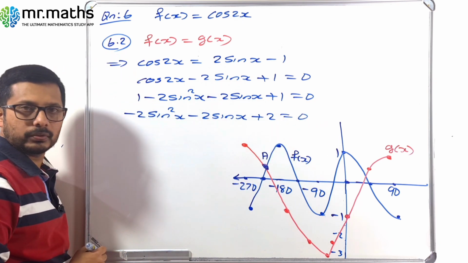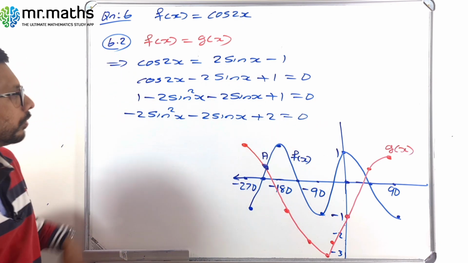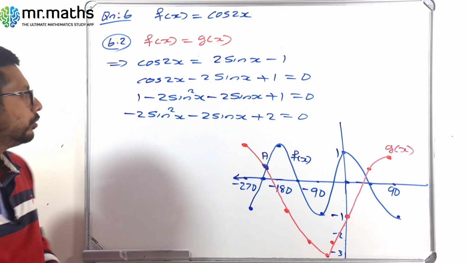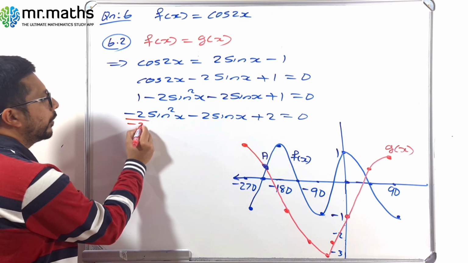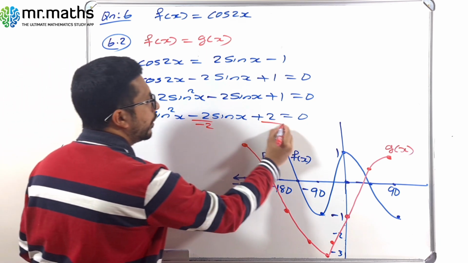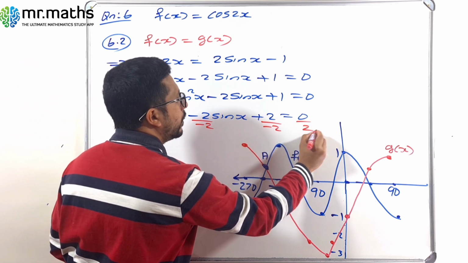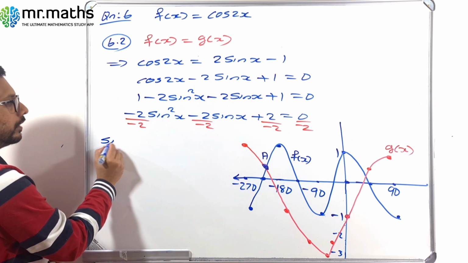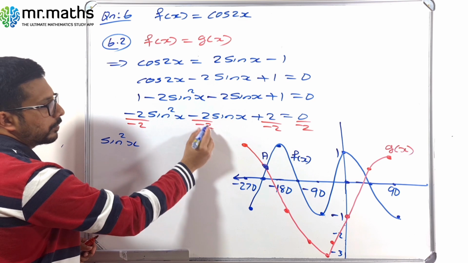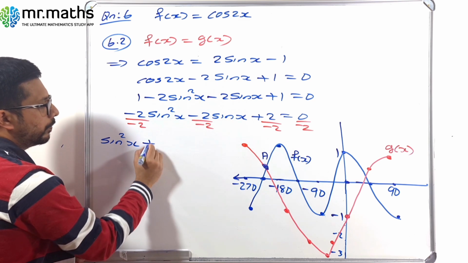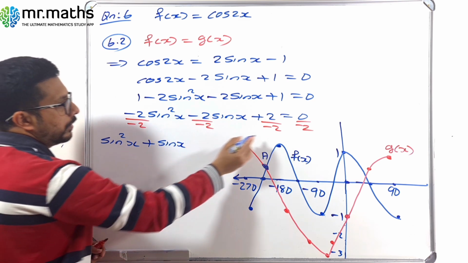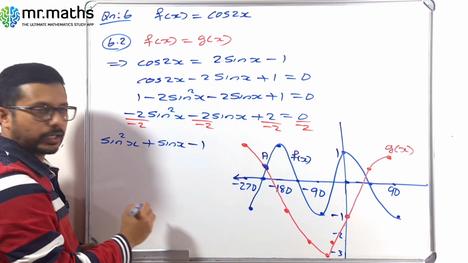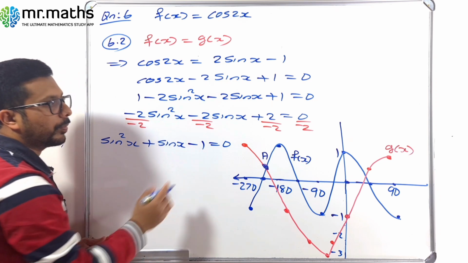Here you can see that 2 is a common factor, so divide throughout by minus 2. What is the answer? Minus 2 divided by minus 2 is gone, so sine squared x plus sine x, then 2 divided by minus 2 is minus 1, is equal to 0. 0 divided by minus 2 is 0.